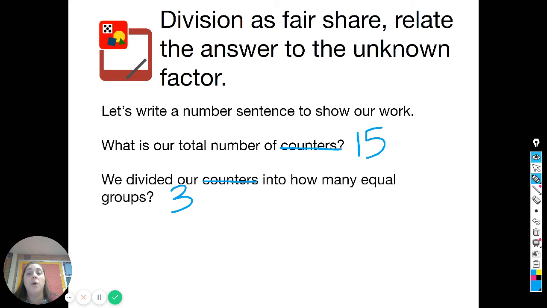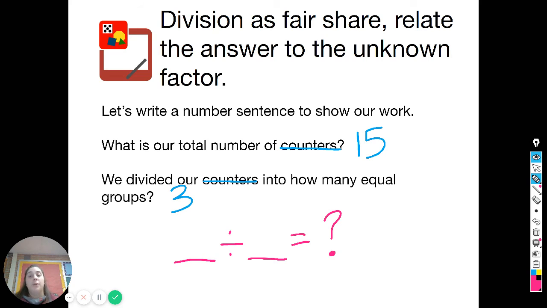Go ahead on your whiteboard and write a division equation for this example. I want it to be something like blank divided by blank equals question mark, because the answer right now is our unknown.